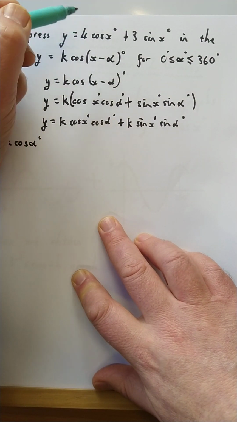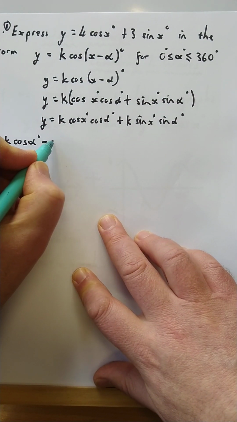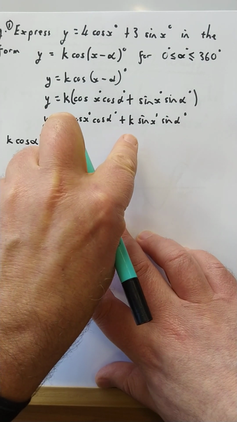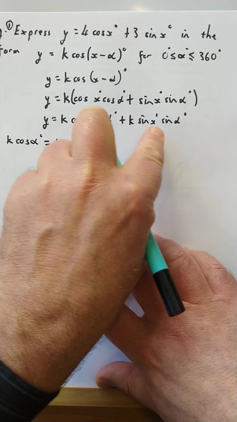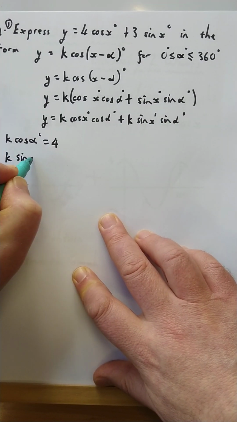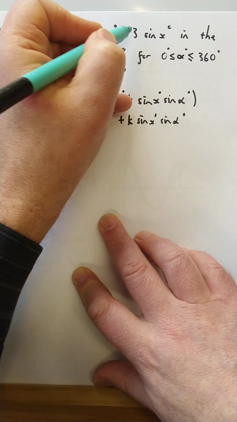The 4. So my k cos alpha corresponds to the 4. Similarly, on the second term, my k sine alpha, which is multiplying the sine x degrees, must equal the 3.